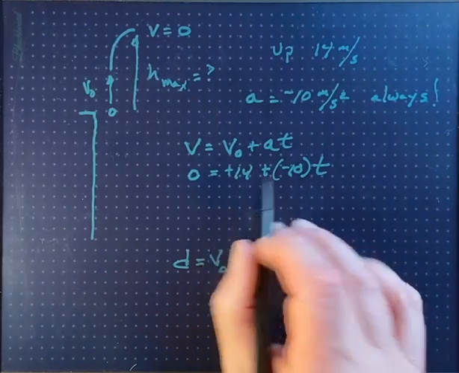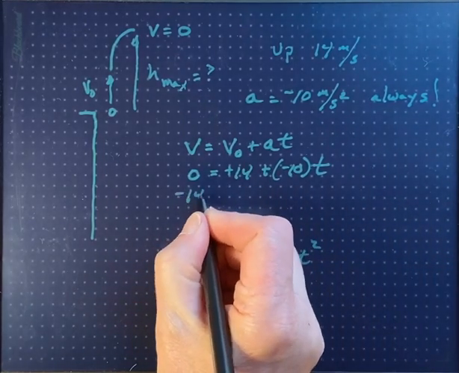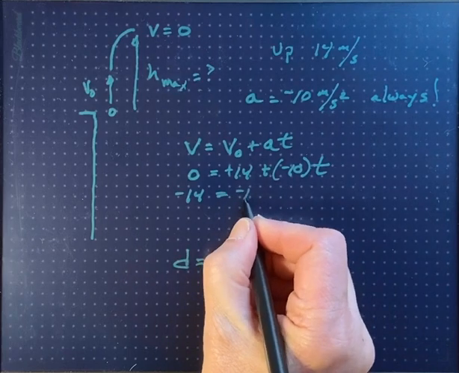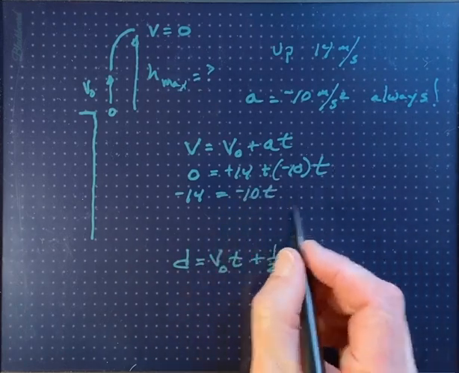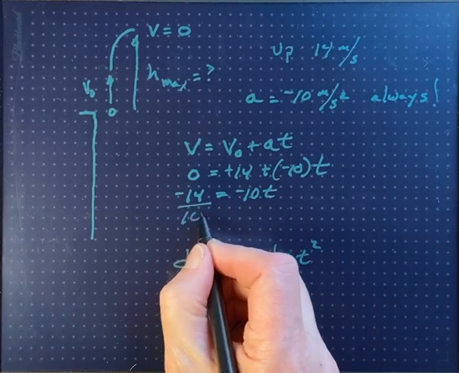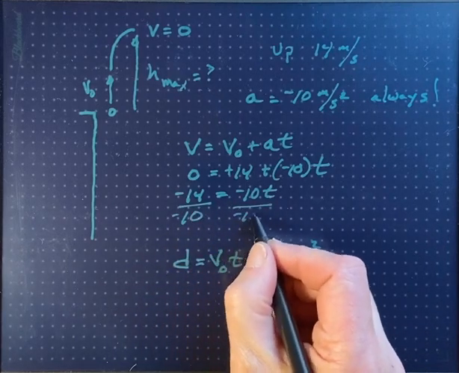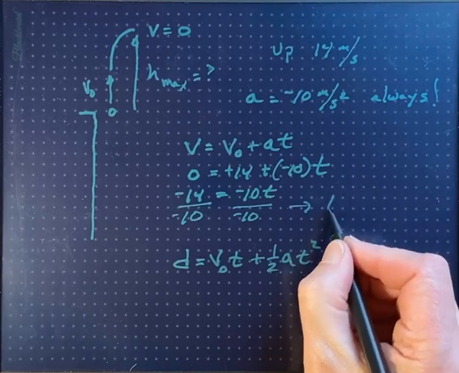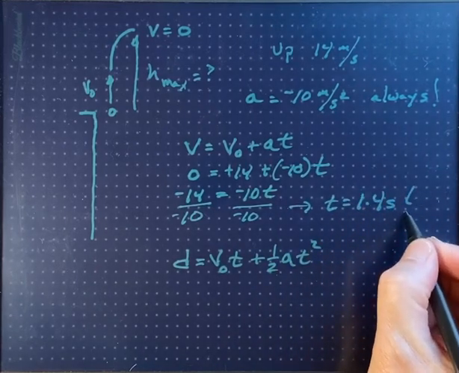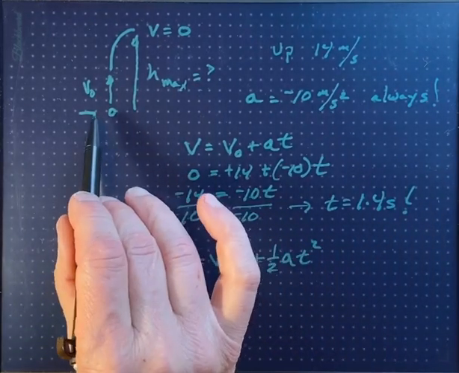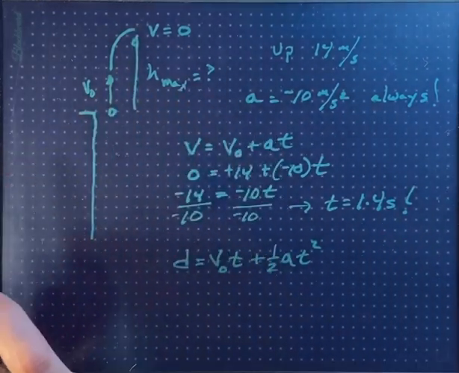So you would subtract, so you're going to do minus 14 equals minus 10t, and then divide both sides by minus 10. You're going to find that the time is equal to 1.4 seconds. So that's how long it takes to get from the launching point to the highest point.